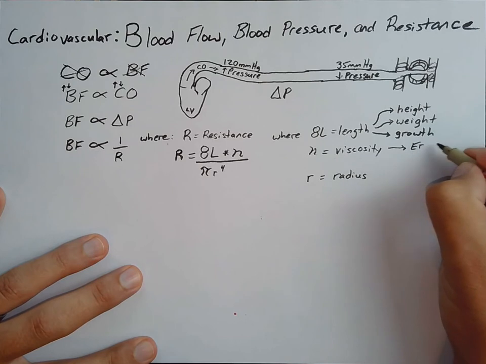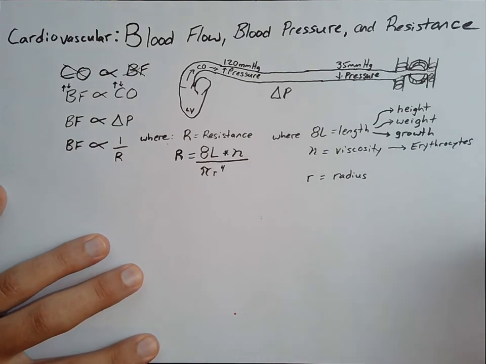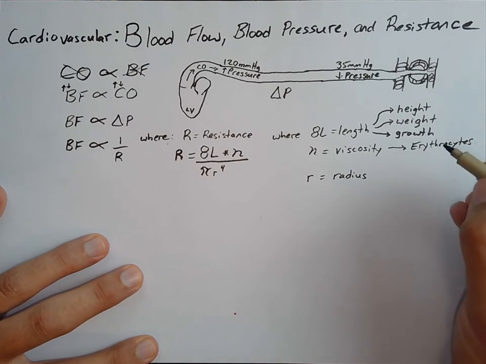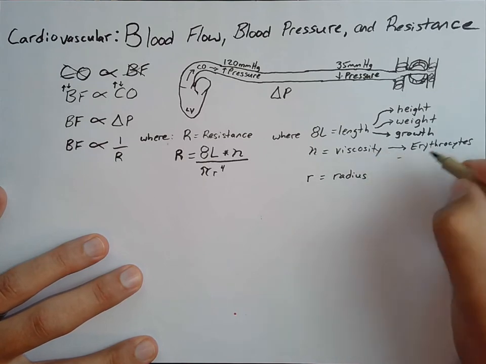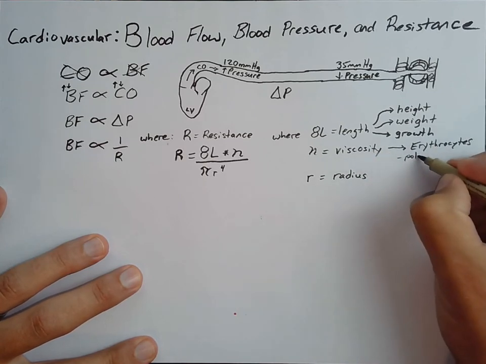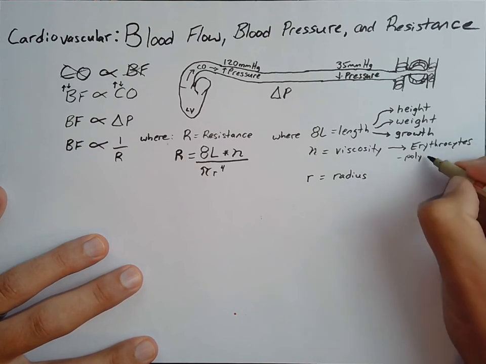So we want to think about these red blood cells, erythrocytes. So erythrocytes, normally we don't change these in a massive degree if we're healthy, but a patient could potentially have polycythemia, right? So what's going to happen to the viscosity of a patient with an increased production of red blood cells?